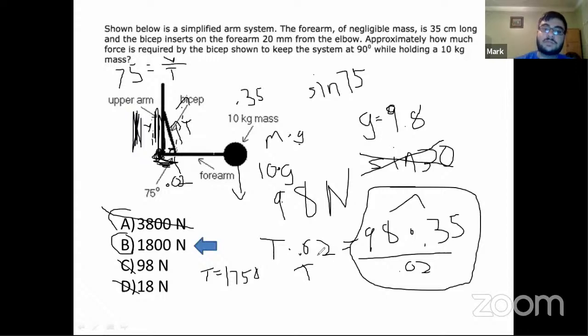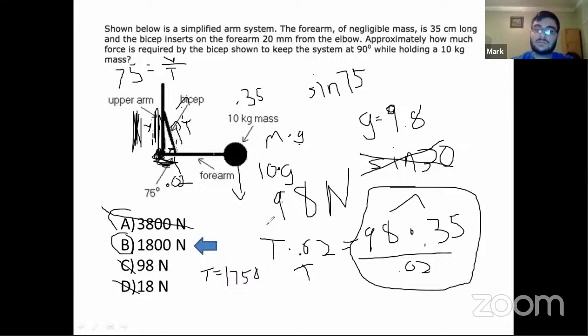So if the arm is not moving, that means F net is 0. That means you want to set the up equal to the down. The down we know is 9.8 times 0.35 because it's torque. So this is the torque of the weight going down at this end.